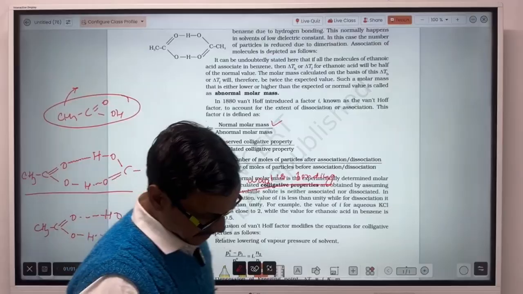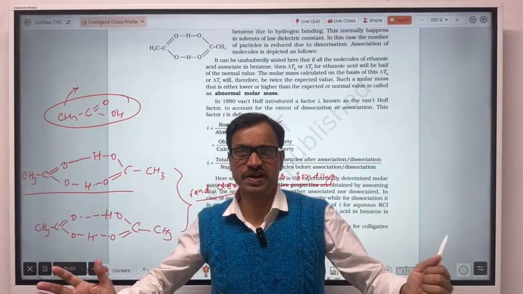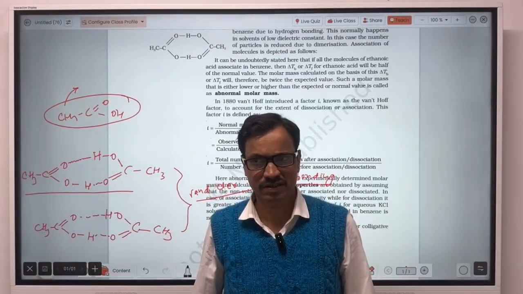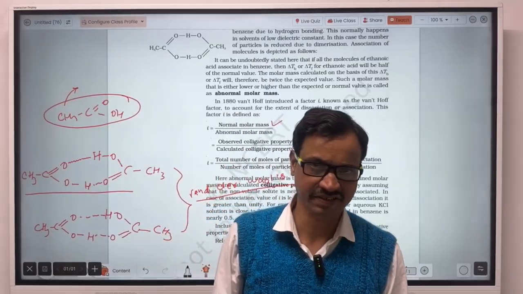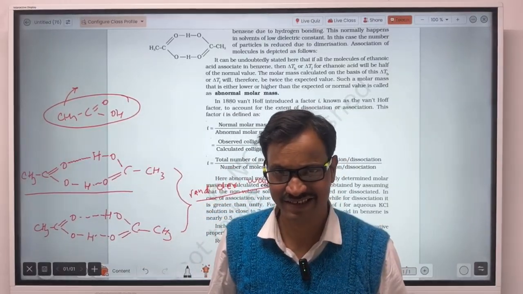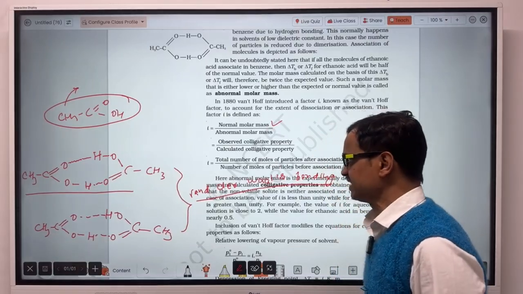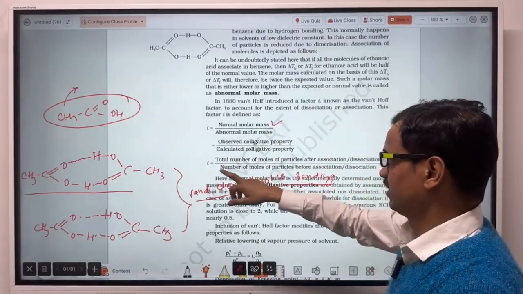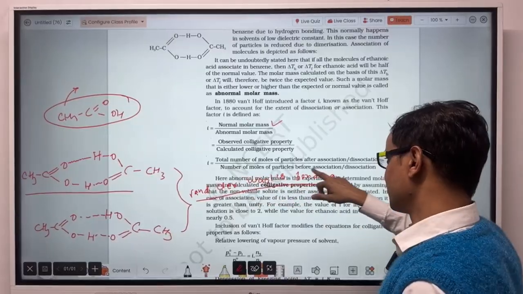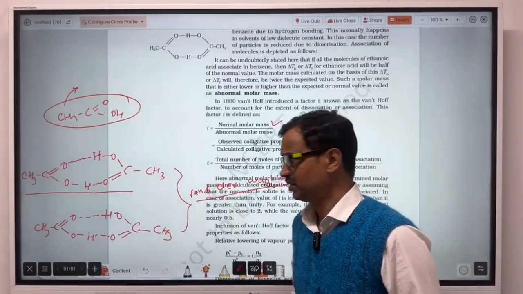Now, when a dimer forms, when two particles combine together, the number of particles after combination becomes less. So the number of moles of particles will be less, and the total number of particles before association was more.